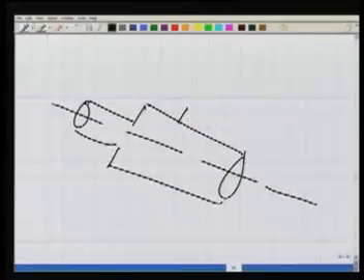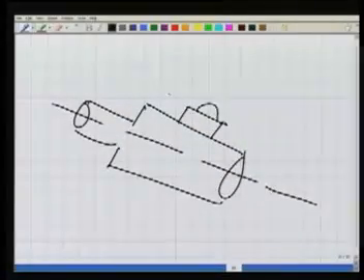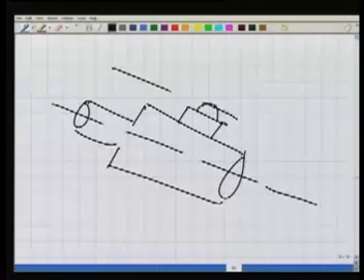You have lowered it, you have tilted it, and because of that, earlier it was horizontal, now it will not be horizontal, the bubble will go out of the center.